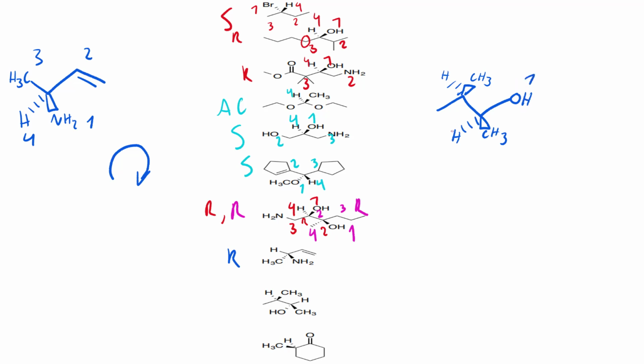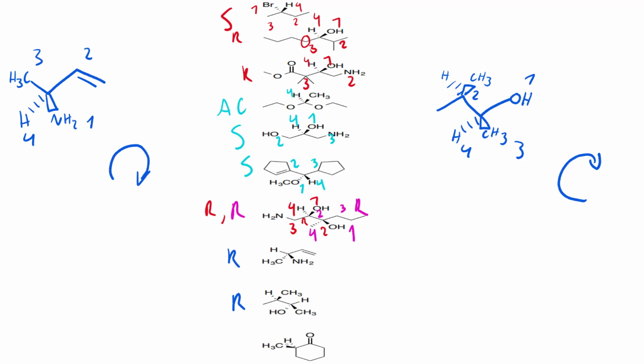This is going to be number 1, this is number 2, 3, and 4. So it's going to do this 1, 2, 3. Okay, so that's counterclockwise, that's S, but then I have to reverse it because I changed my hydrogen. So I had an S, now I'm going to have an R configuration. Okay. For this one, what do we have?